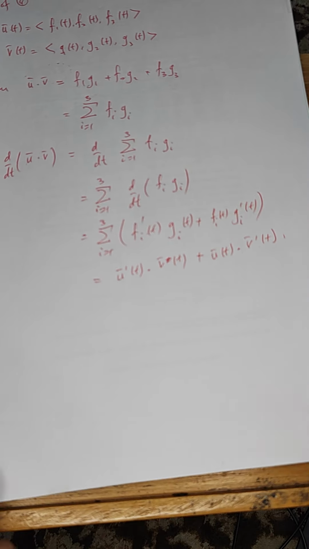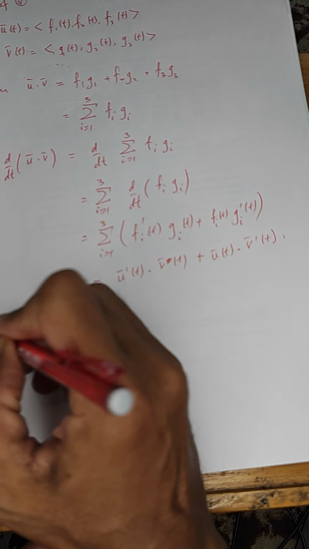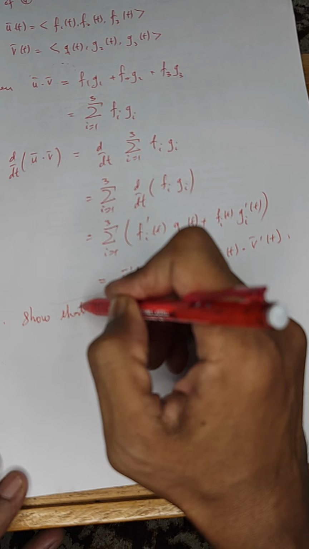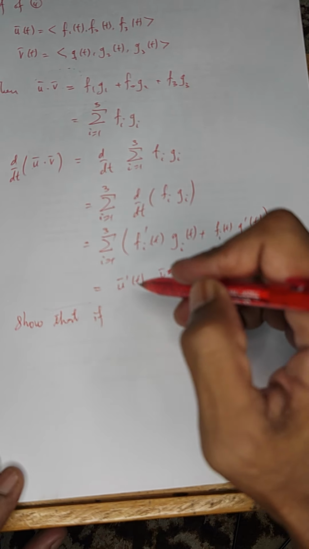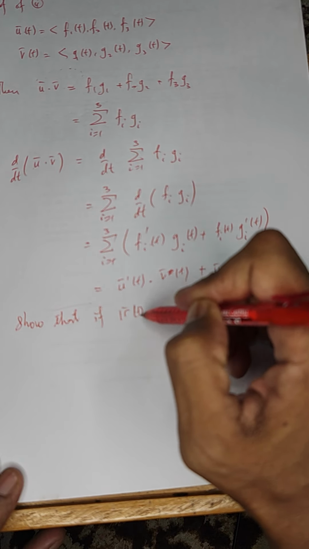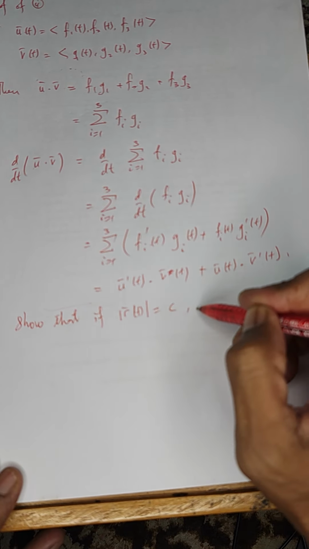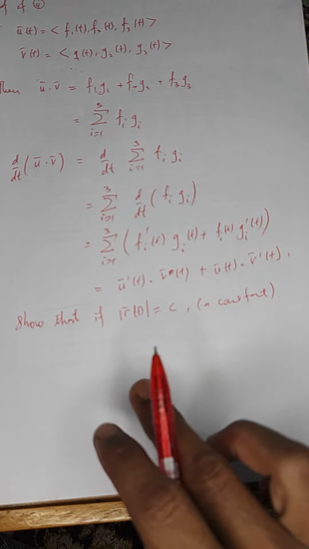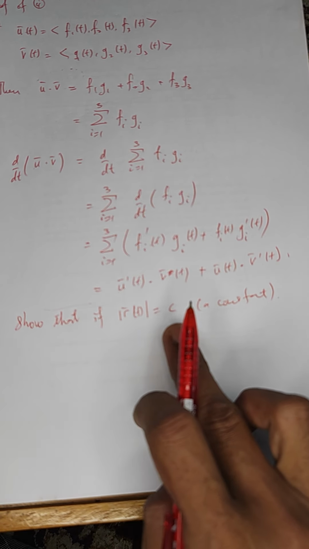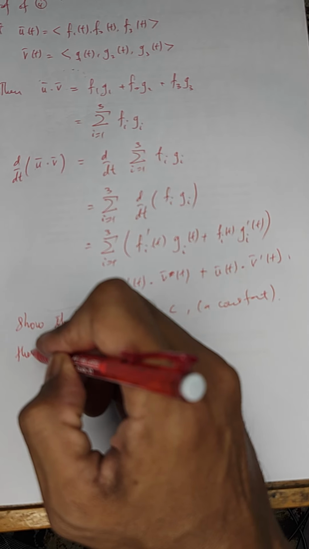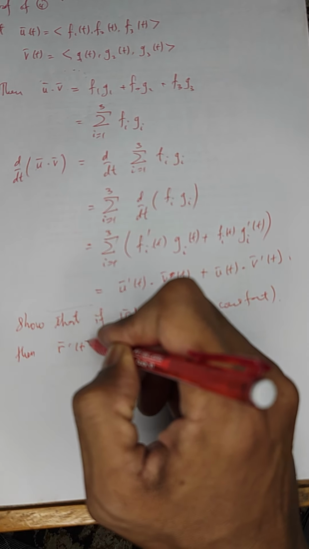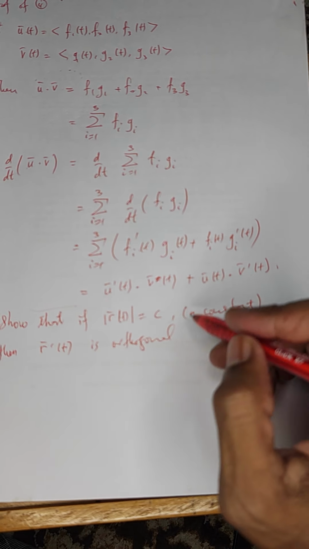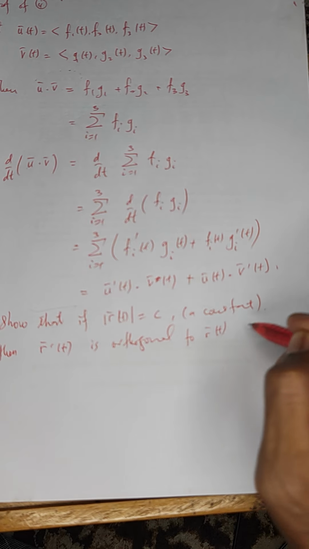Okay, I can give you another simple example. Show that if the magnitude of r is C, a constant, then r'(t) is orthogonal to r(t) for all t.